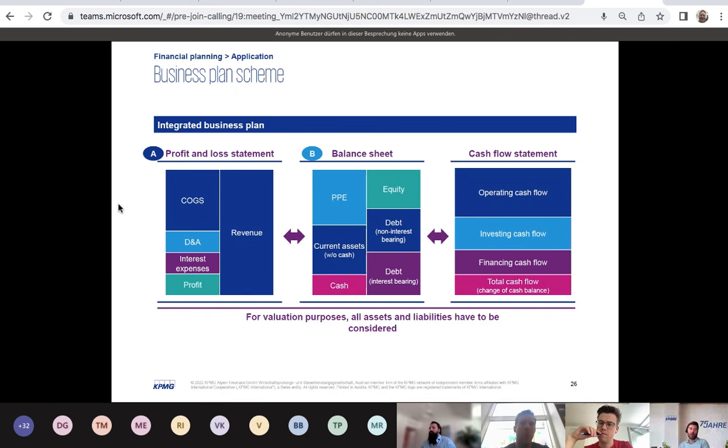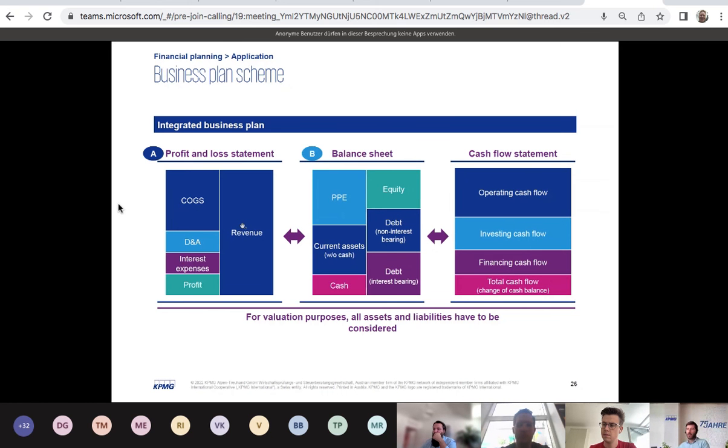So if we have here, for example, the profit and loss statement with revenues and cost of goods sold planning, that would typically reflect in your current assets, in your working capital. Your working capital planning, typically based on certain ratios like days of inventory outstanding, days of sales outstanding, is then based basically on revenue and your cost planning.